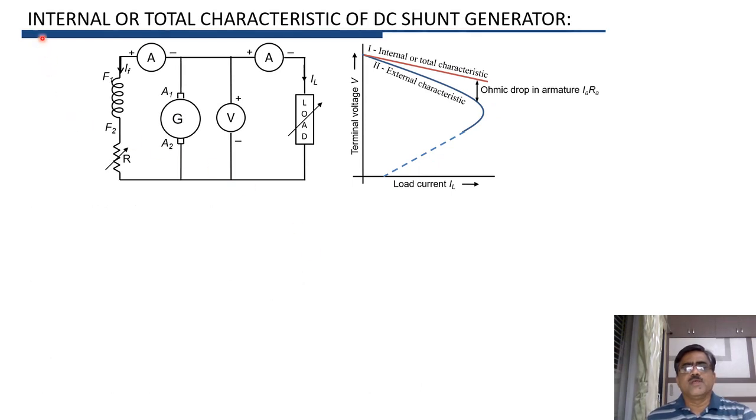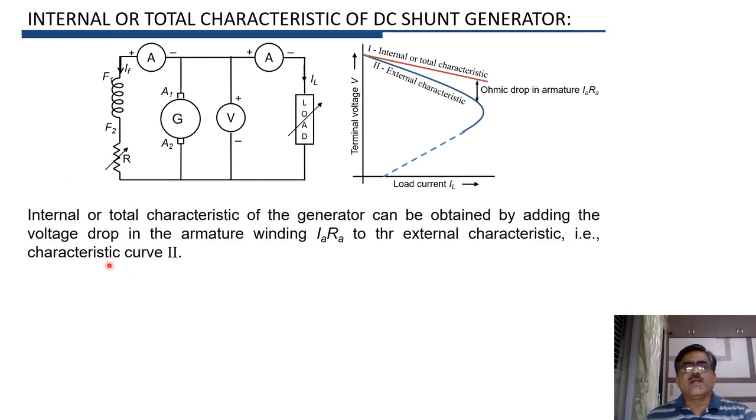Let us now see the internal or total characteristic of DC shunt generator. We have seen that internal characteristic is the curve between induced EMF E in armature and armature current IA. Here armature current IA and load current IL are almost equal because the field current IF is very small as compared to the load current IL.